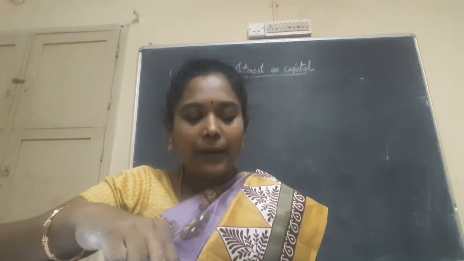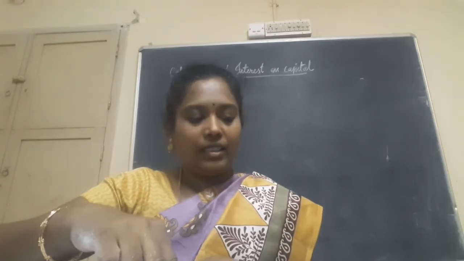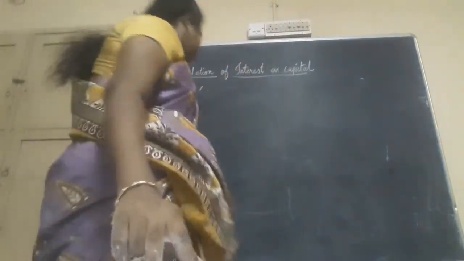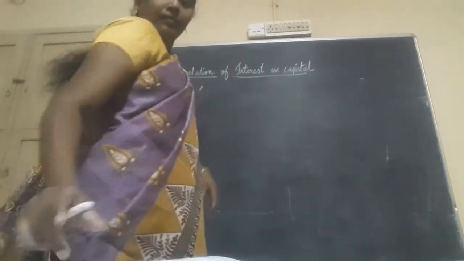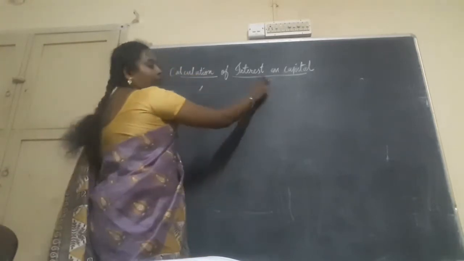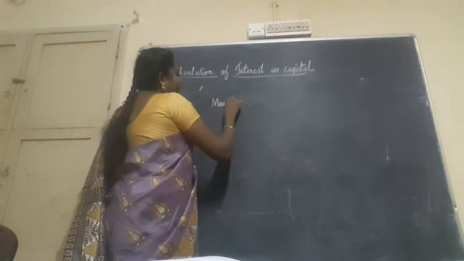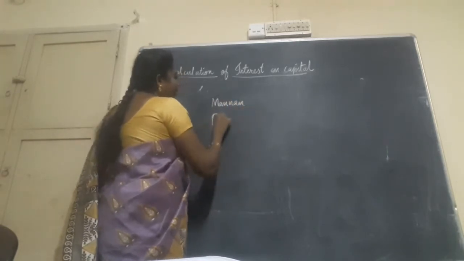We are going to calculate the interest on capital. Who were the partners? Mannan and Ramesh.